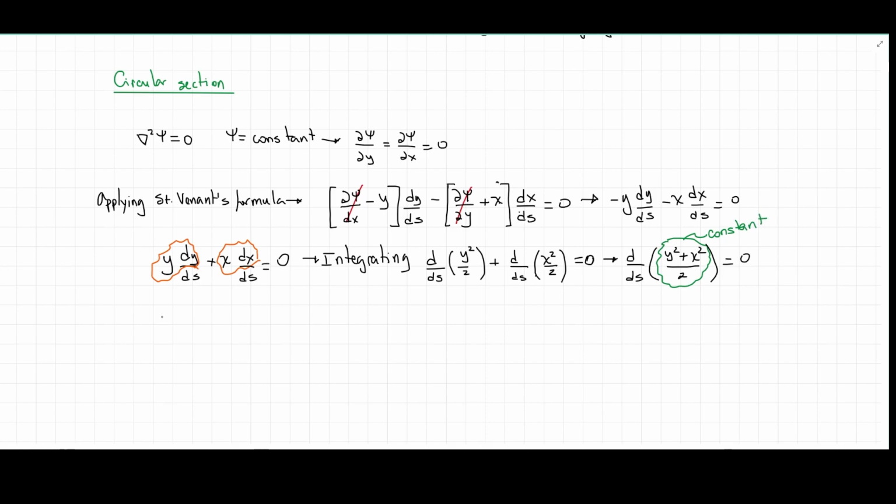So it means that y squared plus x squared is constant. If it's constant, I can get rid of the 2 and say that y squared plus x squared is constant. Great.